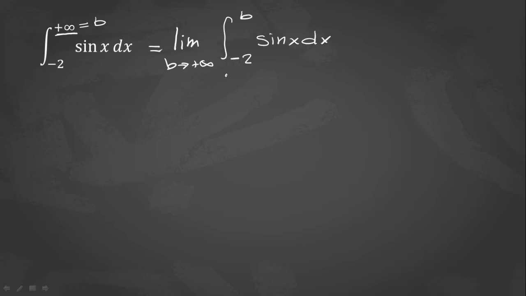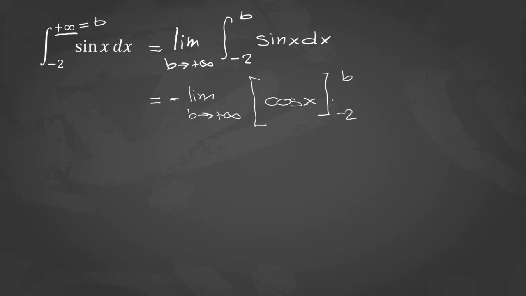Simply, by applying the integration, the integral of sine x is equal to negative cosine x. So our resulting equation will become negative limit as b approaches positive infinity of cosine x, integrated from -2 to b. You will notice the negative sign is placed outside the limit in order for us to properly evaluate the function.